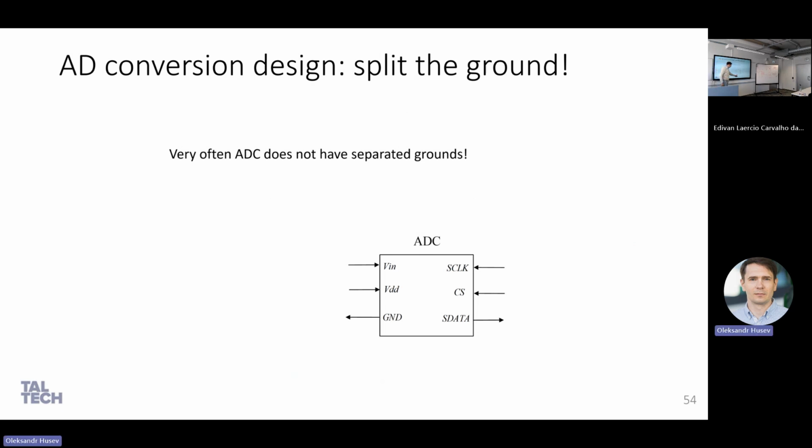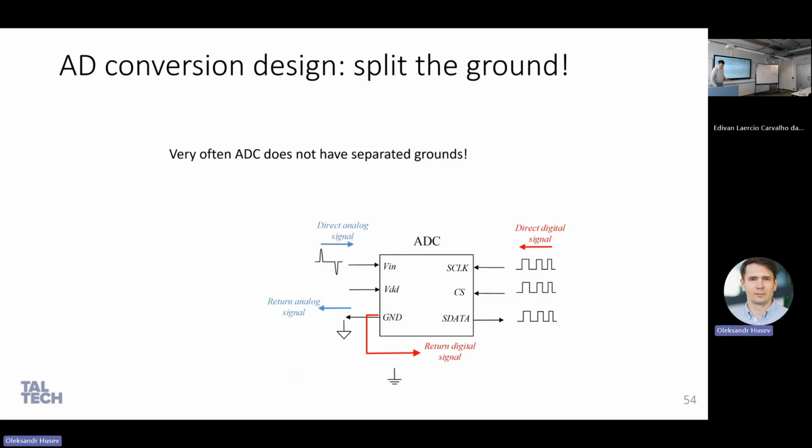You may have circuits like this. You have an analog to digital converter, you have an SPI interface, right? Digital interface. You have analog interface, reference voltage, input voltage, and common ground. What they have to do is this. Right?